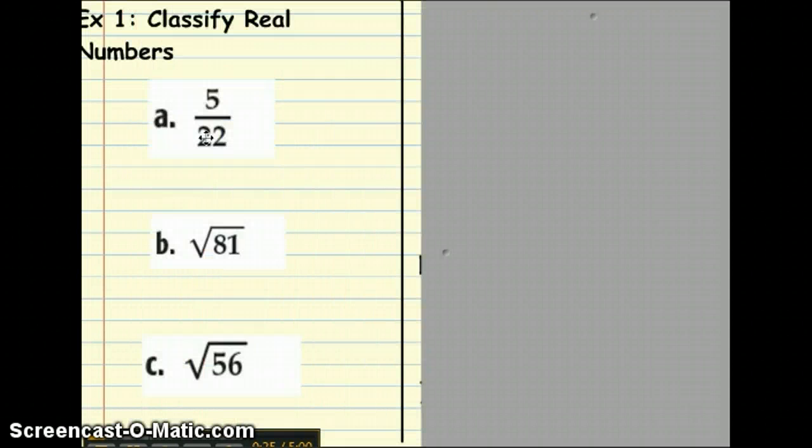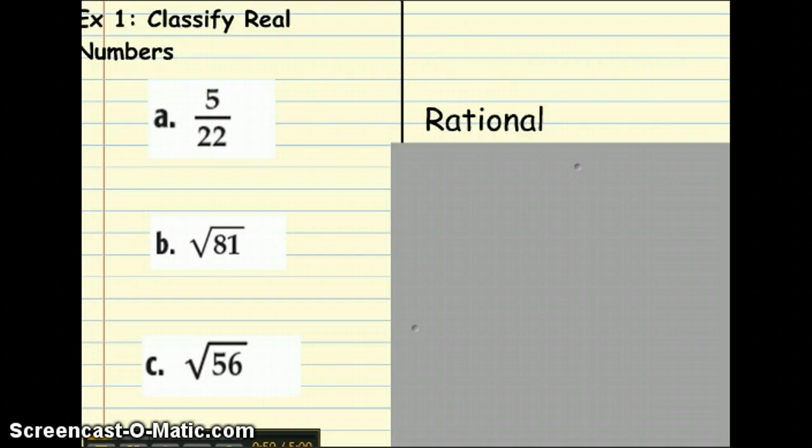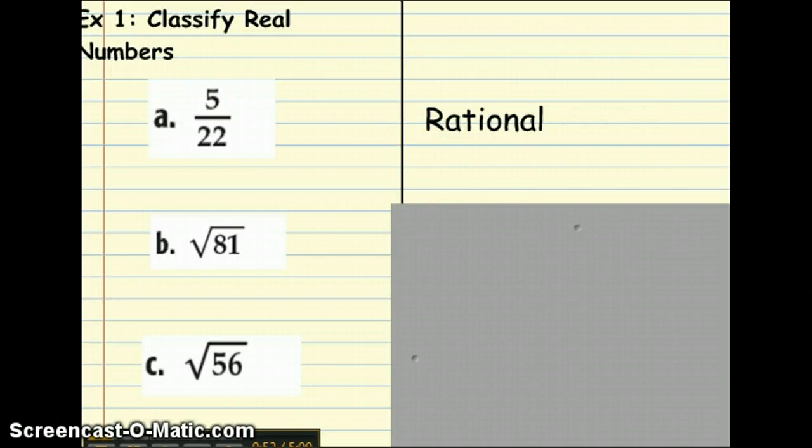Here's our first example. Example 1. We're going to classify the following real numbers. And remember from our last video that rational numbers can be written as a fraction. And sometimes that fraction, we could use our calculator to find that estimate as a decimal.